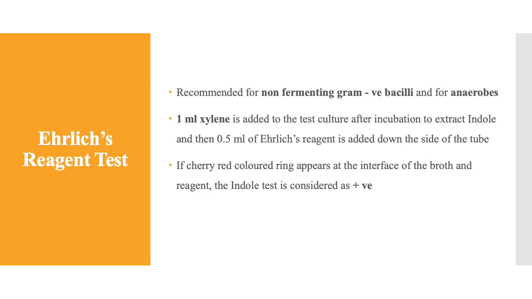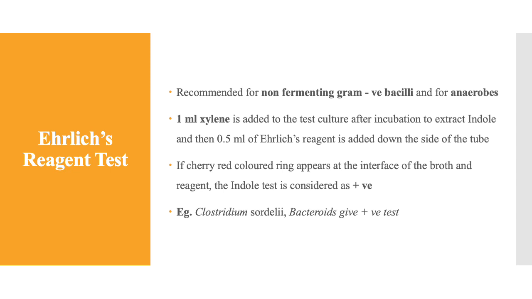If cherry red coloring appears at the interface of the broth and the reagent, then the indole test is considered positive. Here you will see that Clostridium sordellii, which is an anaerobe, gives Ehrlich's test positive. Also some species of Bacteroides give Ehrlich's test positive.